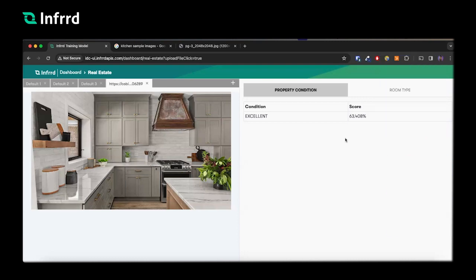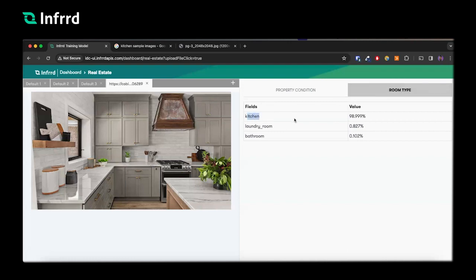Cool. So as part of this image processing capability that we have, a lot of real estate companies and mortgage customers who want to appraise properties and look at the condition of the property and figure out what type of room this is, they use this technology. So in this one, it says the condition is excellent, and we also generate a score.